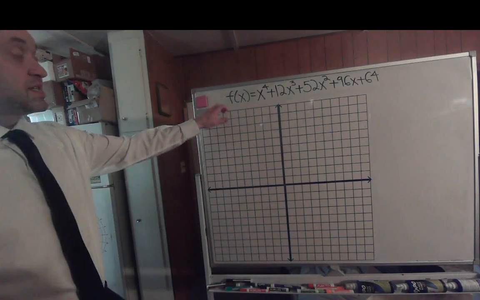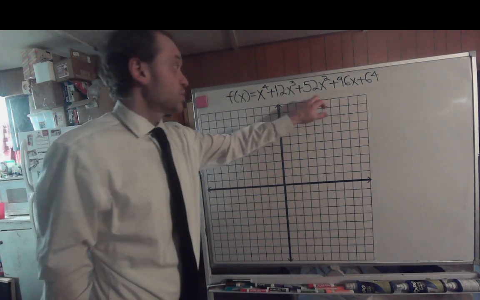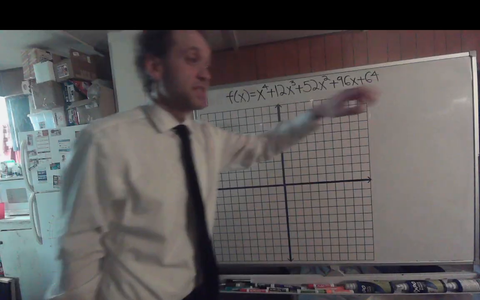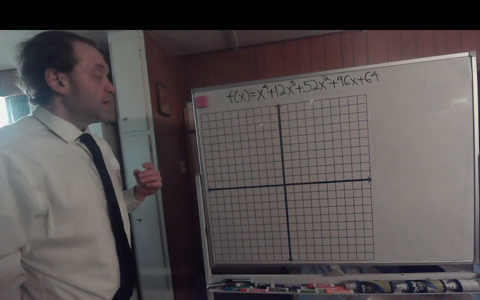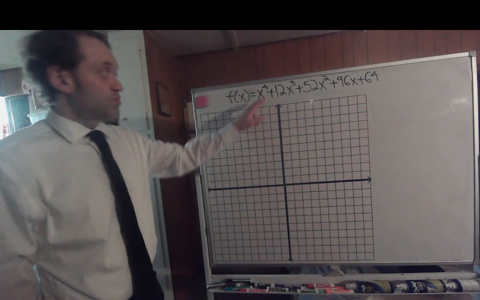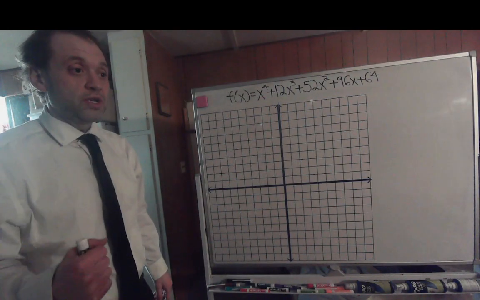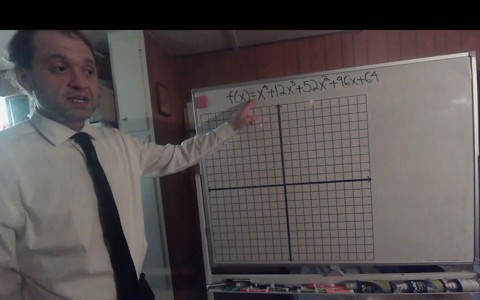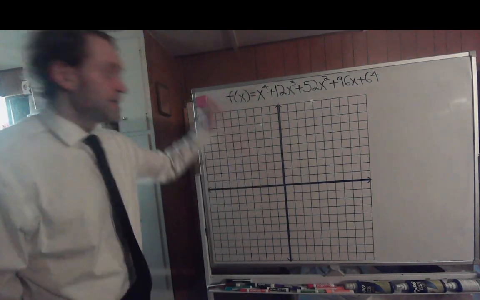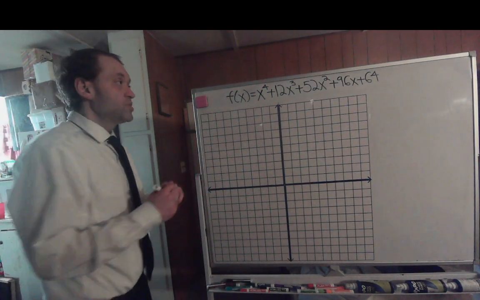So f of x equals x to the 4th plus 12x to the 3rd plus 52x squared plus 96x plus 64. Well, let's establish the end behavior first. The degree of the polynomial is 4th, right? It's an even power polynomial and the coefficient's positive, so that means it's going to rise to the left, rise to the right. So we've established the end behavior.